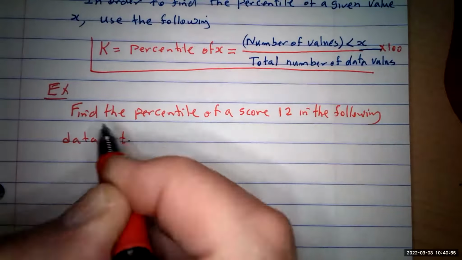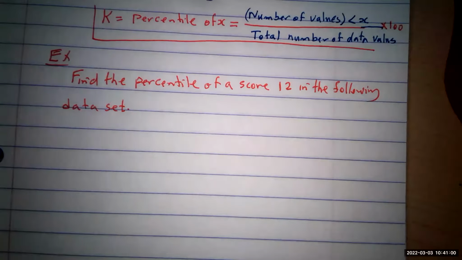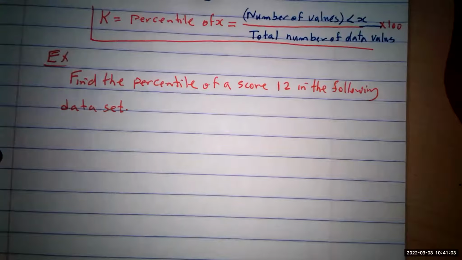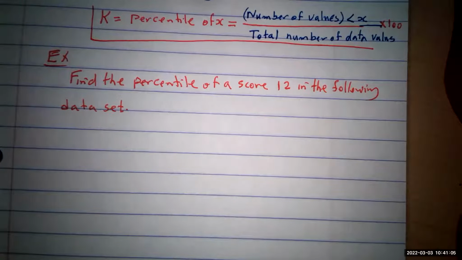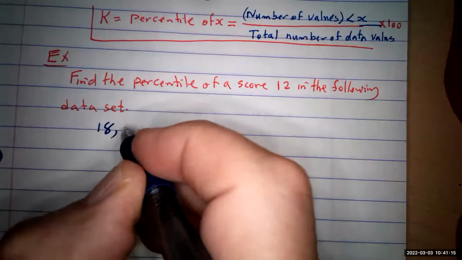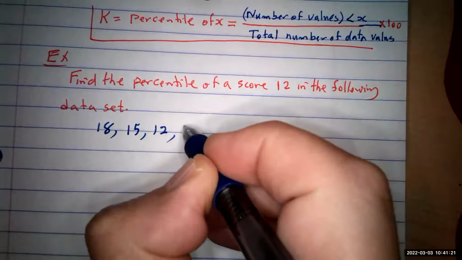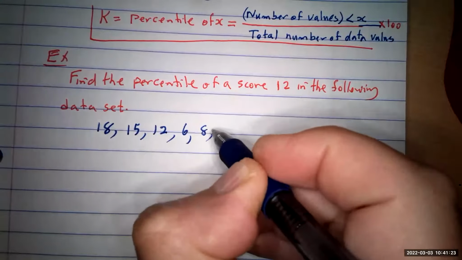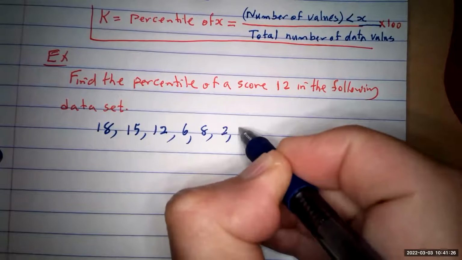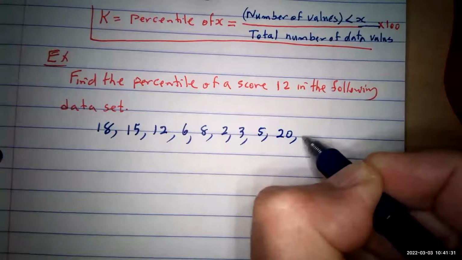Suppose I give you a quiz with 20 points, and then these are the results. You get 12 in that test, so you want to know what is your position in the class. So this is the idea of this problem. The numbers are 18, 15, 18, 15, 12, 6, 8, 2, 3, 5, 20, and 10.